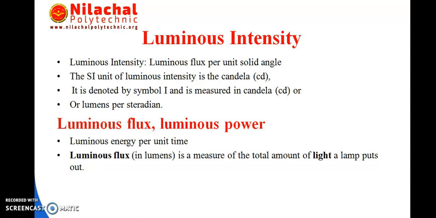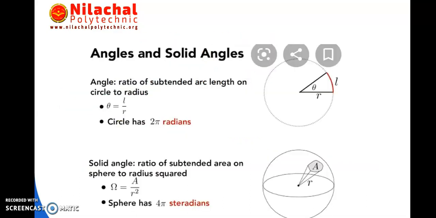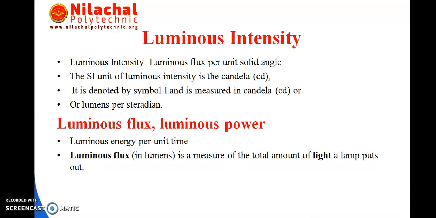So now come to the topic. I told you that luminous intensity is the luminous flux per unit solid angle. We already discussed the solid angle before. And what is luminous flux or luminous power? Luminous energy per unit time.